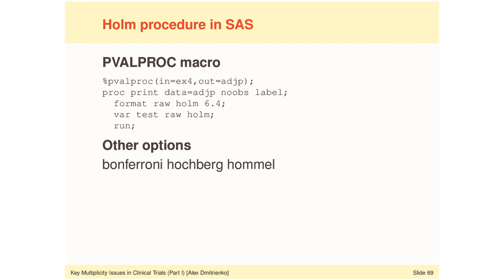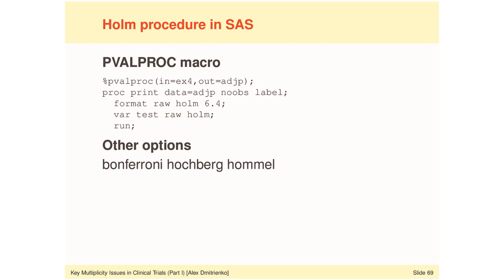Now we need to run this macro and then print out the resulting adjusted p-values. The output of this macro is not shown on the slide because it is exactly the same as the set of multiplicity adjusted p-values that was produced by PROC MULTTEST. I presented that set of adjusted p-values on slide 68.